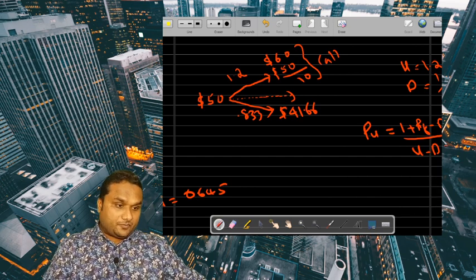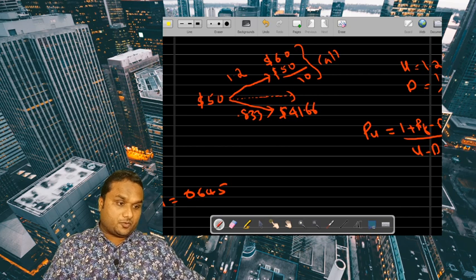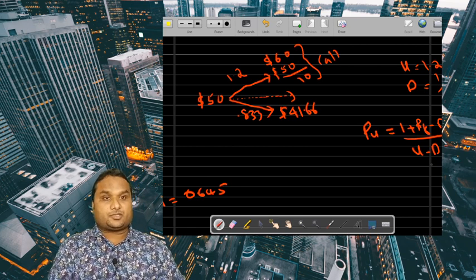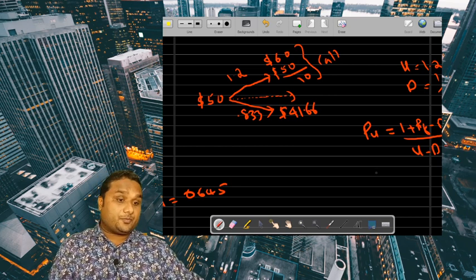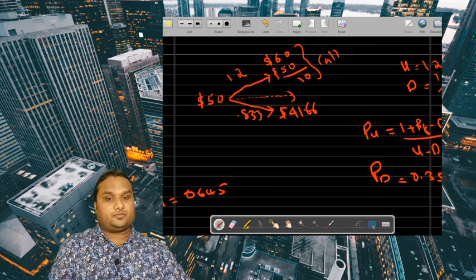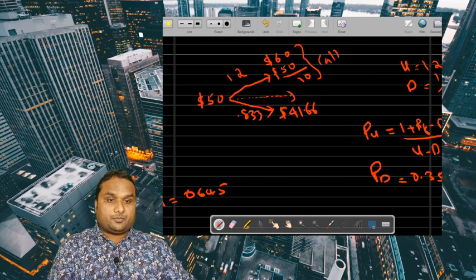If there is a 64.5 percent possibility for upward movement, this means 1 minus 0.645, that is 35.5 percent probability for downward movement. These are mutually exclusive: either it may go upward or it may go downward. Now we are going to compute the price of a call option.